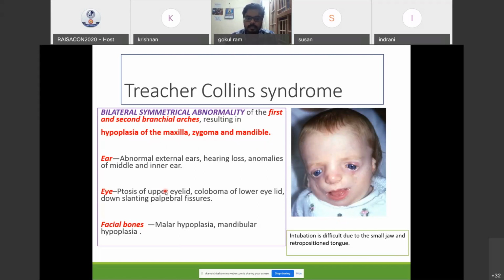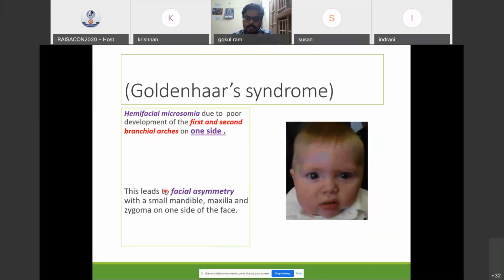Goldenhar. Tell me something about Goldenhar syndrome. In Goldenhar, there is hemifacial macroglossia, sir. Yes, it's only hemifacial, asymmetrical. Yes, sir. The major area of problem is the branchial arches, sir. What will be a major anesthetic problem here? The anesthetic problem will be the same, sir.